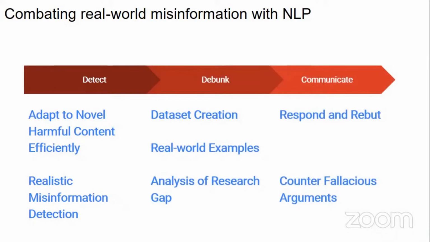This is something which is, in my opinion, almost ignored in NLP so far, but it is well known that misinformation is a psychological phenomenon. So it's not about having access to the right evidence and being able to read it and understand it.